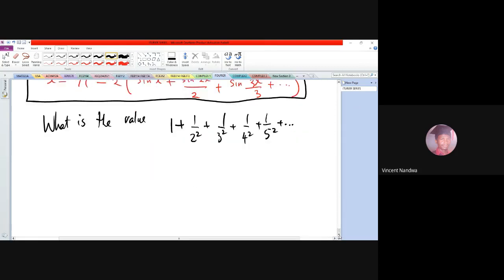Now, for us to get the answer here, remember that in the series in the first case, question 2 was x squared.